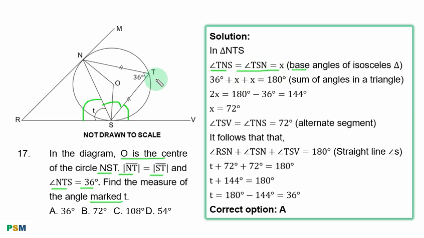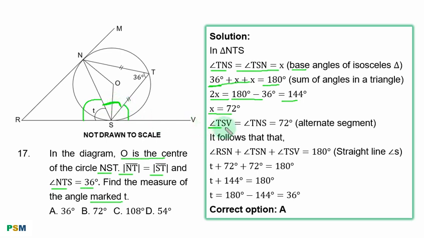So in triangle NTS, if you add the three angles, the sum is equal to 180 degrees. You have 2S equal to 180 degrees minus 36 degrees. You transfer this to the right and you have 144 degrees. Divide both sides by 2 to get S. S is equal to 72 degrees. So this angle is known.